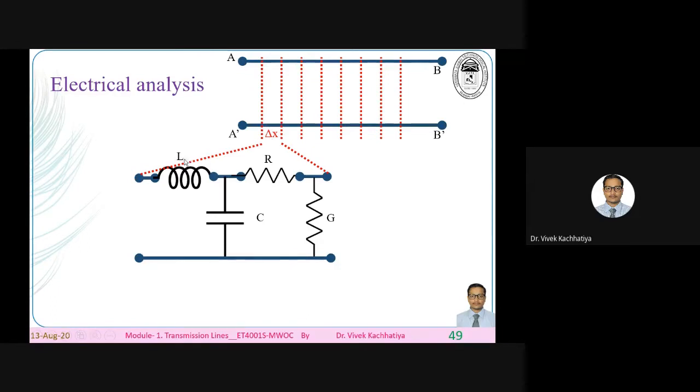Inductance per unit length multiplied by length gives you L into delta x as the inductance of that particular section. So L multiplied by delta x is the inductance of the small segment of delta x.